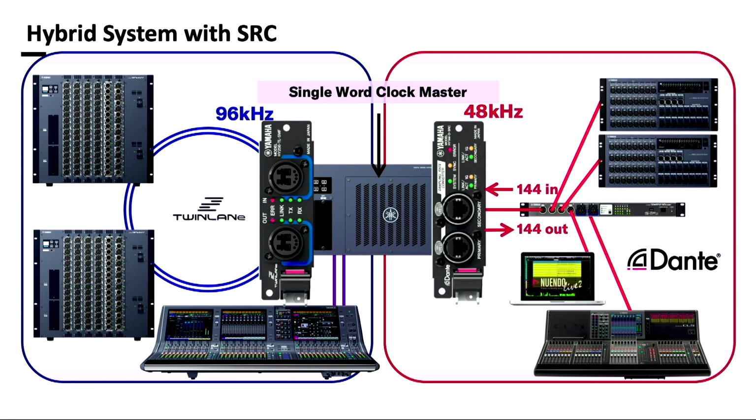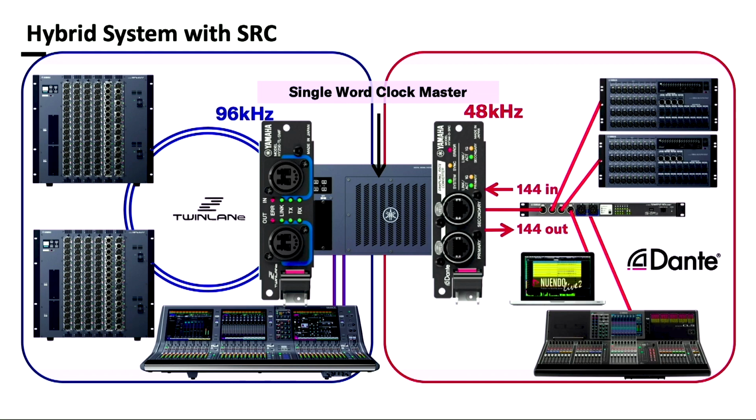You can keep your Dante system at 48 kilohertz, but with no loss of audio channels if you keep the DSP engine as your master for both networks. So Dante is synchronized with TWINLANE in this case, and we get 144 channels in and out of the Dante card. So we can have a 48 kilohertz system with a CL console and we can have a 96 kilohertz system at the same time with TWINLANE and a RIVAGE PM console. Does that make sense? That makes sense to me now.